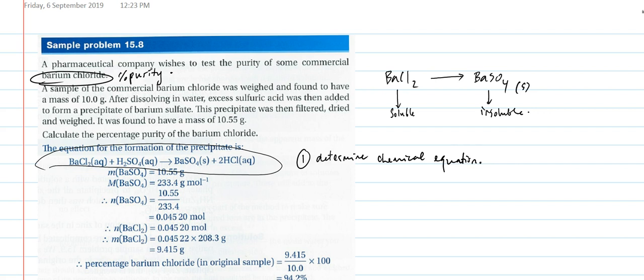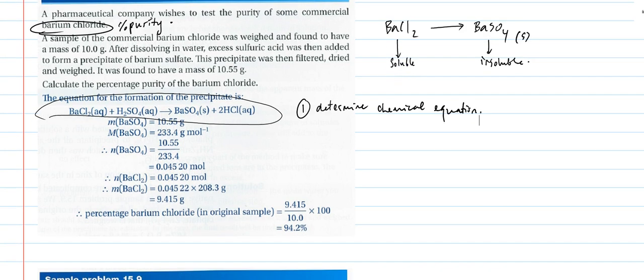In this case, you want to find out the ratio of the two highlighted things here, barium chloride and barium sulfate, because you are forming barium sulfate, you can measure that, yeah? We've got a measurement for barium sulfate here, right? And then from that we can work out the number of moles of barium sulfate, okay?